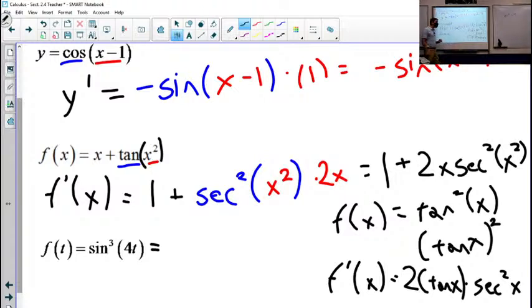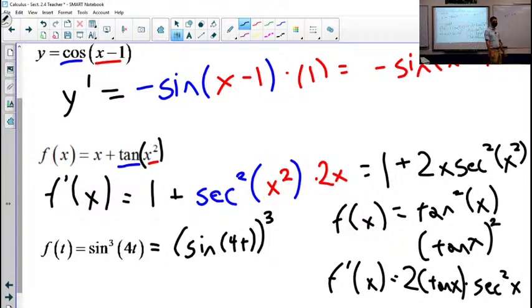Because now we're going to look at a chain rule happening inside of a chain rule. So in other words, on this problem, we have 3 different functions going on. We have a sine of 4t, and that is getting cubed.